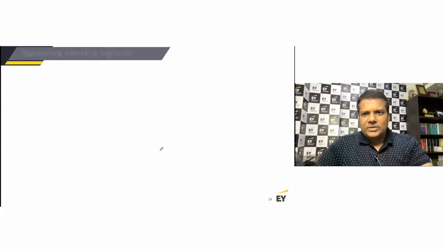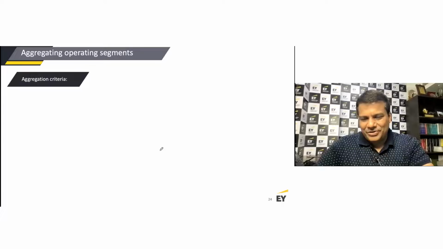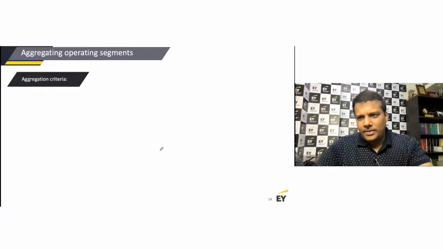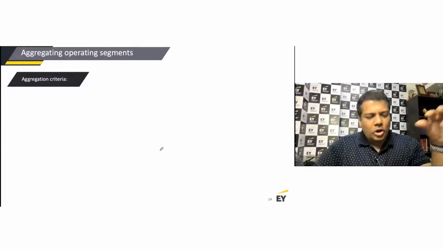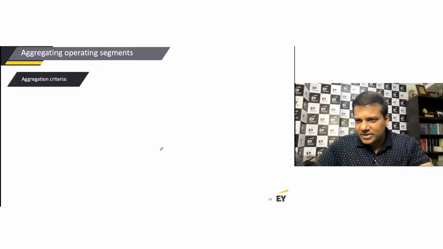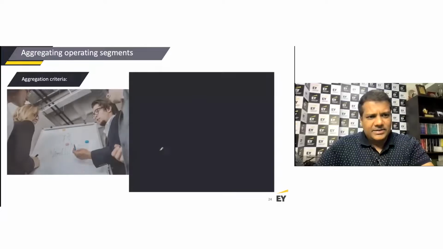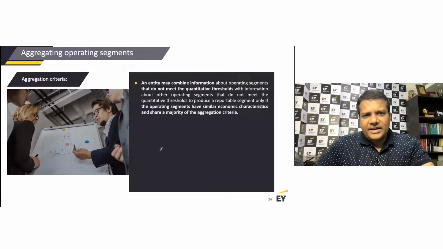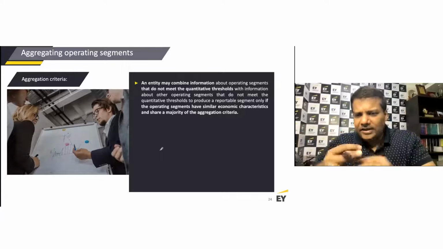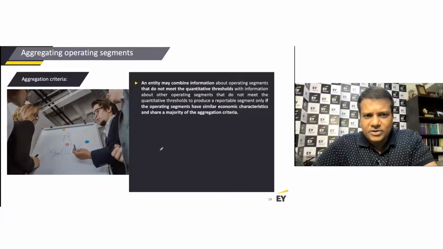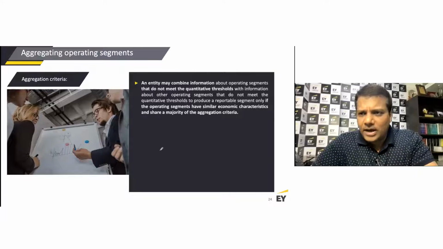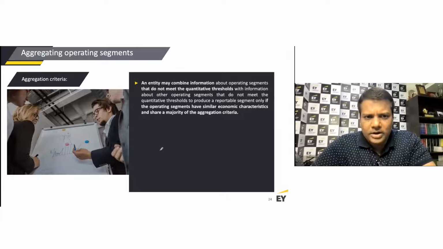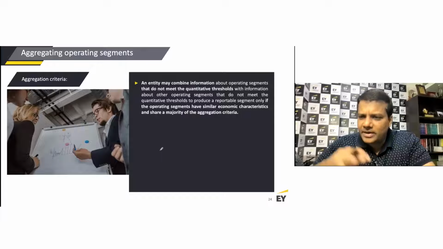All right. So let's now talk about the aggregation criteria to determine the reportable segment. We have understood the CODM, the operating segment, and the quantitative thresholds, and we are now going to understand the aggregation criteria. An entity may combine information about operating segments that do not meet the quantitative thresholds with information about other operating segments that do not meet the quantitative threshold to produce a reportable segment.